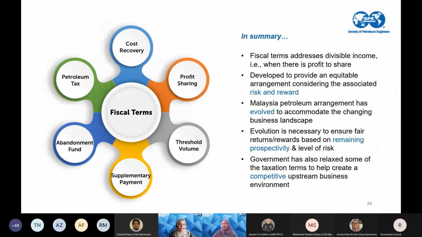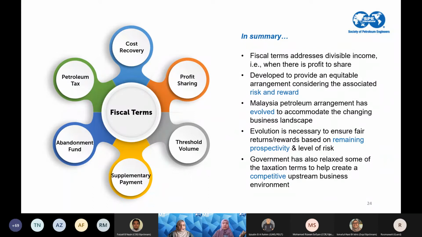So we've got, in summary, the fiscal terms are only really applicable when there's divisible income. It's supposed to address the risk and reward between the host authorities and the contractors and find an equitable level for this. As you can tell, the Malaysian fiscal petroleum arrangement has been evolving over time to accommodate all the changes, right?